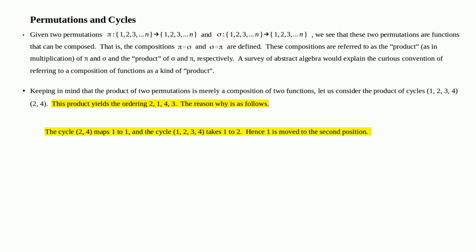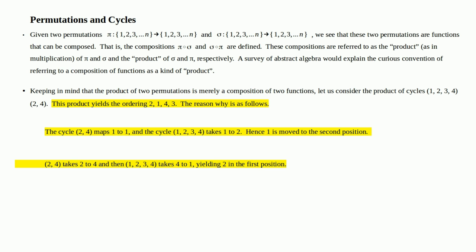So because 1 doesn't appear, 1 is simply mapped to 1. It's left alone. And the cycle (1, 2, 3, 4) takes 1 to 2. Hence, 1 is moved to the second position. So first, the cycle (2, 4) leaves 1 alone, and then the cycle (1, 2, 3, 4) takes 1 and moves it to 2. So 1 ends up, eventually, in the second position.